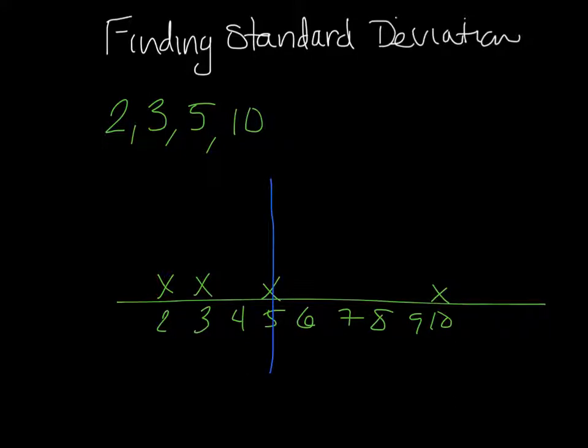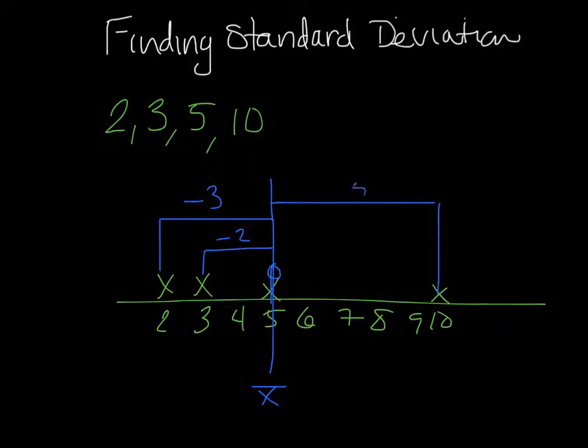A lot of times with the average, we denote that with X bar. So here's what standard deviation is. Standard deviation is figuring out how far away from the average all these points are. This is -3, this is -2, this one is at it, so it's 0, and then this one is 5.